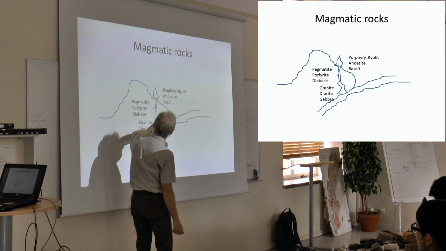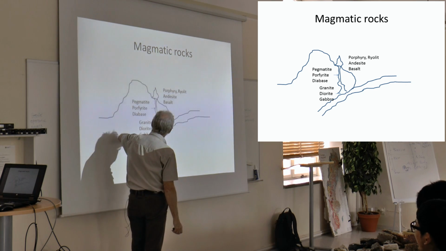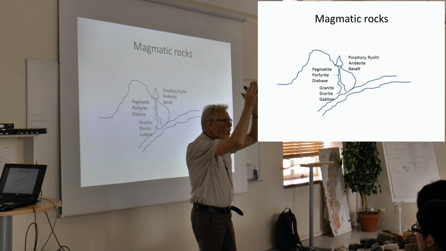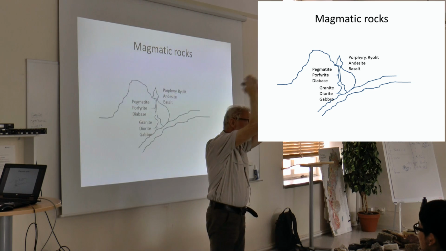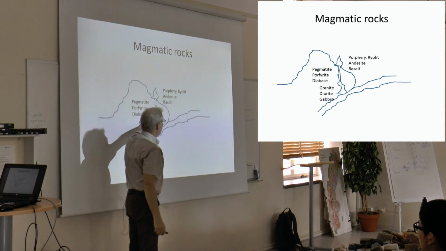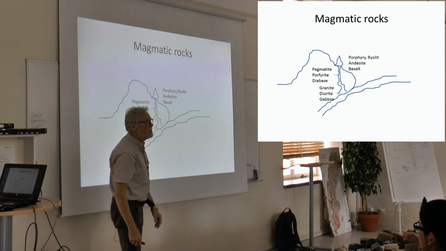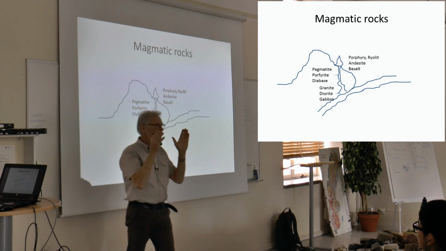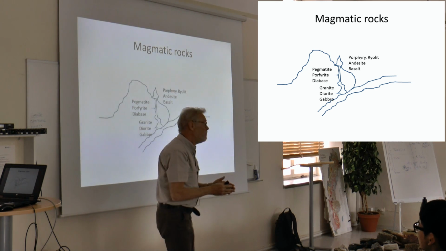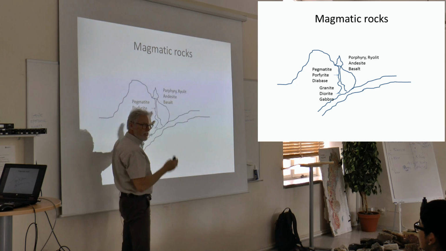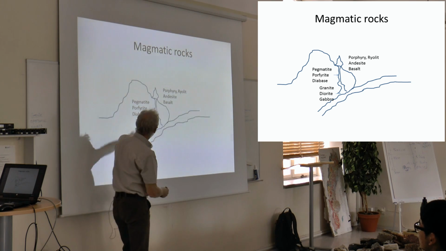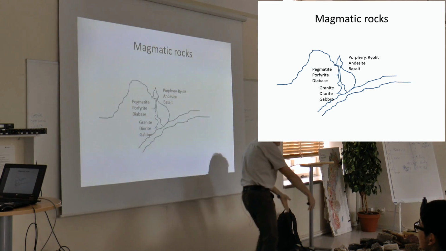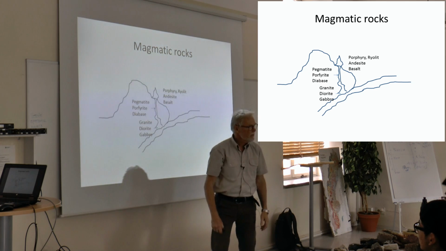And if this granite or gabbro or diorite crystallizes in the fracture zones, not reaching the surface, then we will have diabase. Gabbro and diabase have the same chemical composition, but they appear in different stages in the crust.